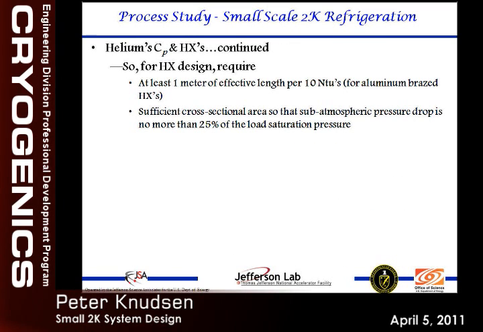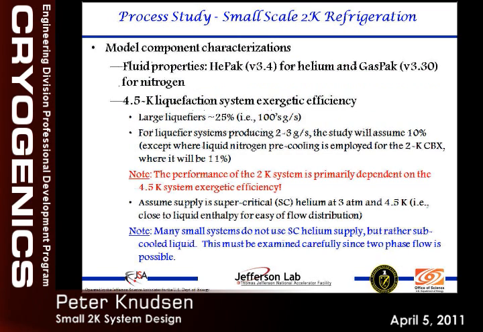A good design guide, I think as Rouse mentioned before, is to maintain at least 1 meter per 10 NTUs of heat exchanger length. That's for brazed aluminum heat exchangers. And to make sure your pressure drop, your delta P over P, is no more than 25%. So for model characterizations, component characterizations, for the fluid I used HePak and GasPak.